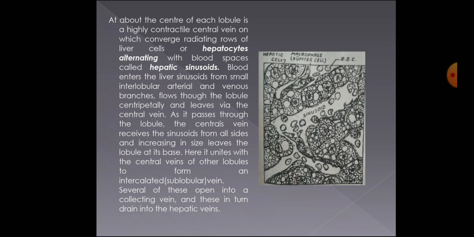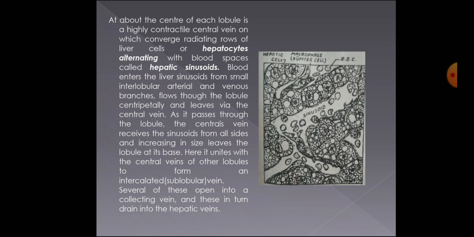That means from the central position, the central vein is present from which the rows of hepatic cells arise in the form of cords. These cords are called hepatic cords. In between the two cords, there is a space. This space is filled with blood and known as hepatic sinusoid.